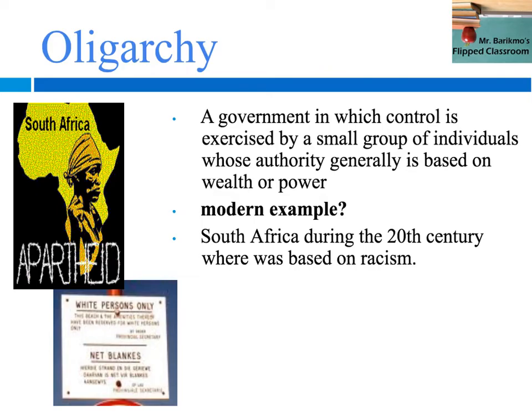The term oligarchy literally means government controlled by a few. A small group of individuals, oftentimes people who are wealthy or have military power, somehow hold on to their control over the government at the expense of people's rights. If we look at a modern example of this, we can look to South Africa in the 20th century.